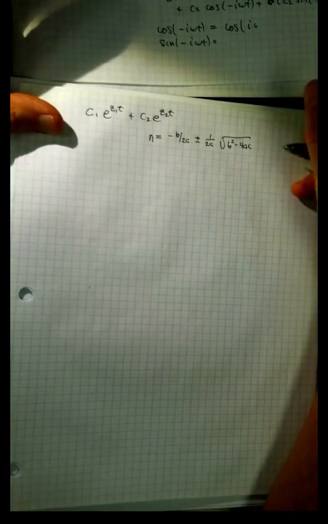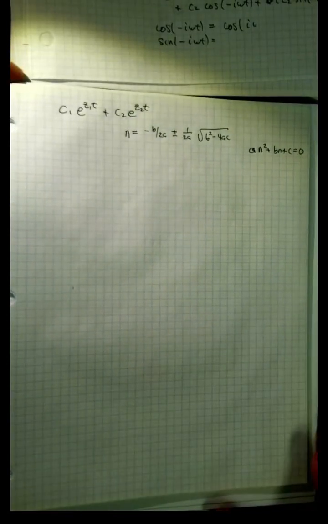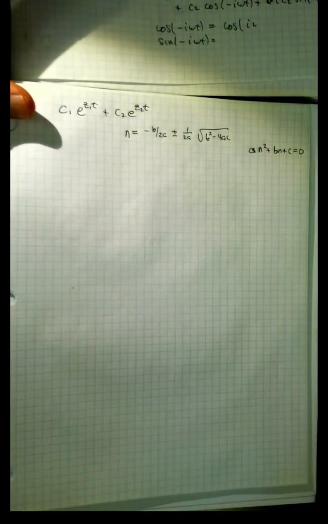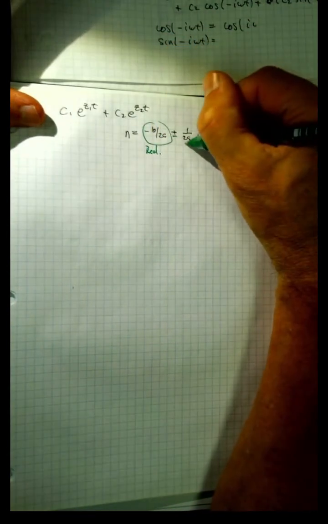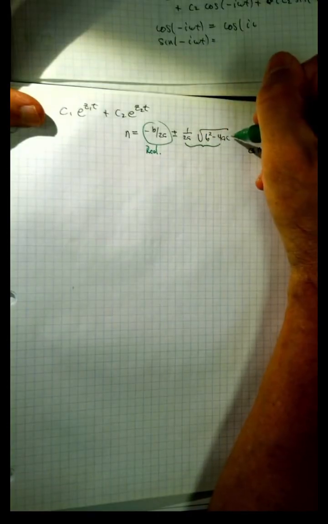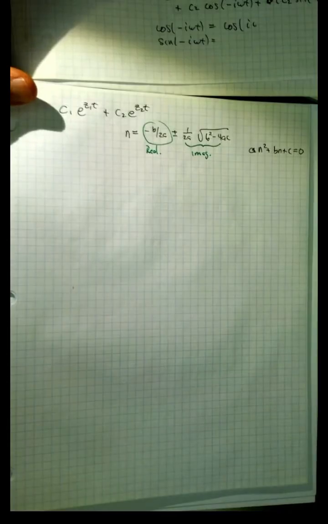That's coming straight from what we saw before, from the roots of an squared plus bn plus c equals 0. We are going to focus on the special case where b squared minus 4ac is negative, that's imaginary.